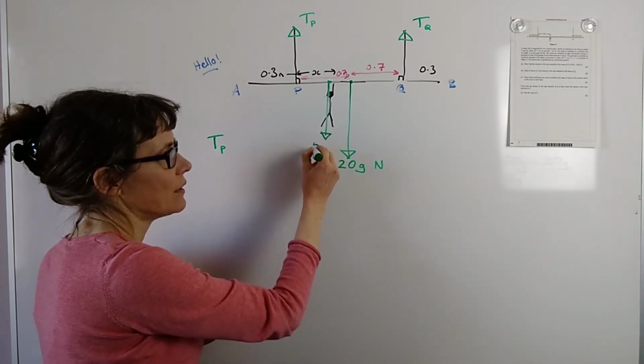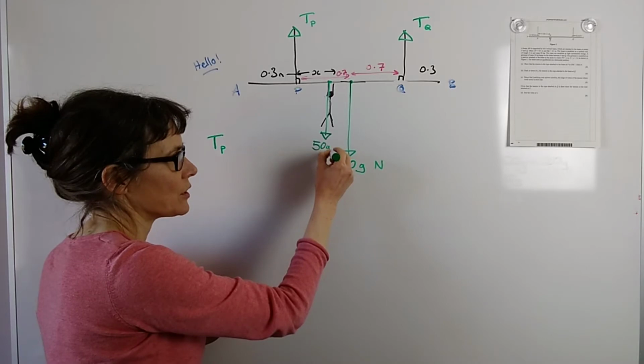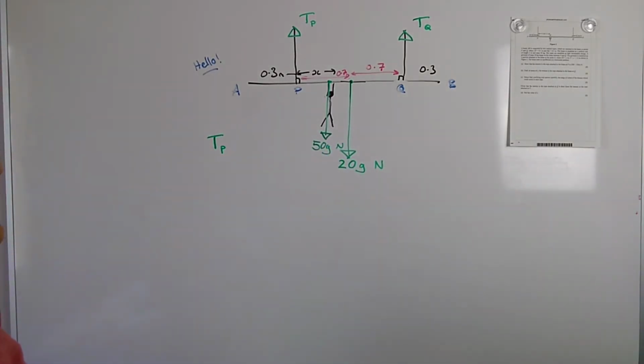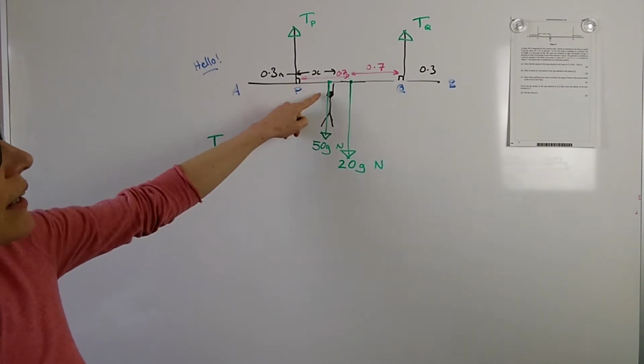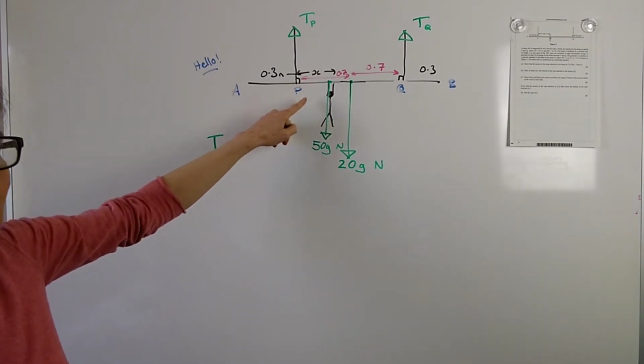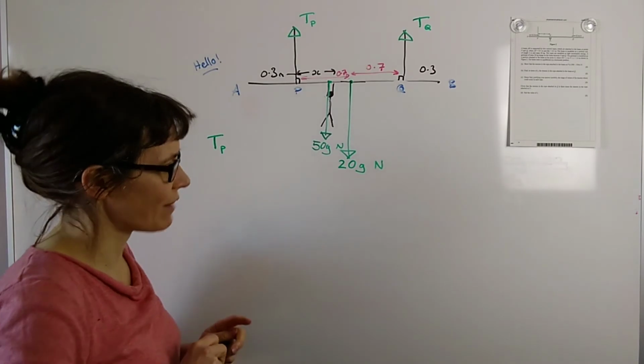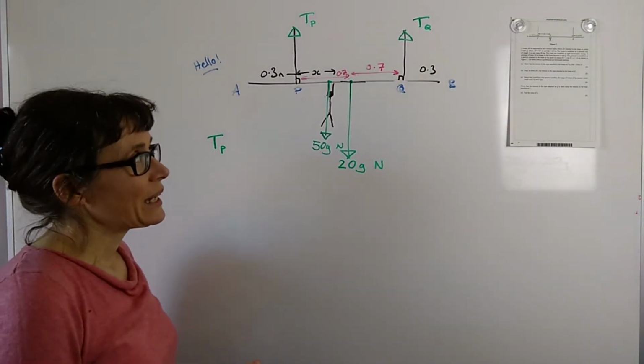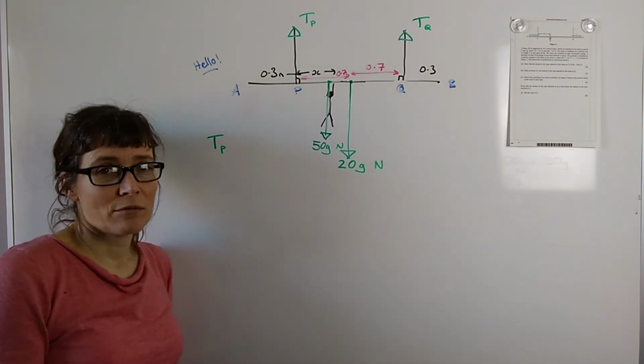Now we can always resolve forces horizontally. There's nothing pushing it that way, so that's all in equilibrium, and this whole system is in equilibrium. But we do have equilibrium in the vertical direction. So I'm going to park this over here because we might use it later.